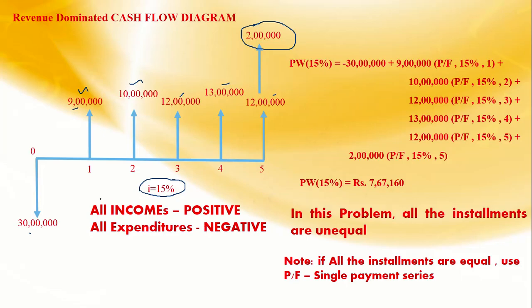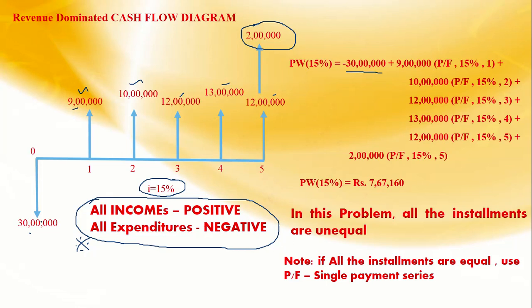I told you already, this revenue dominated cash flow diagram has all incomes positive, all expenditures negative. So PW of 15%, PW stands for present worth, is equal to minus 30 lakh, because they are spending money, so it is negative.